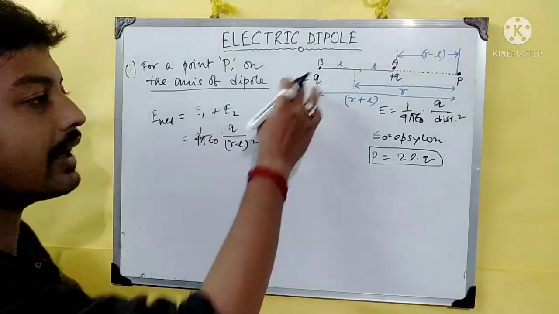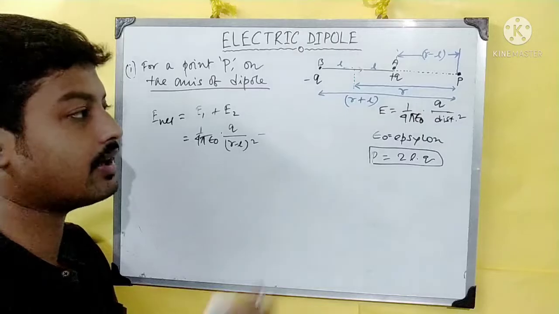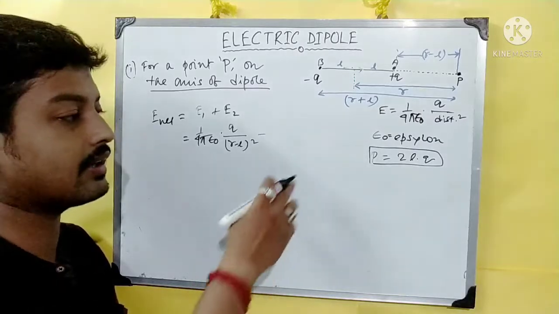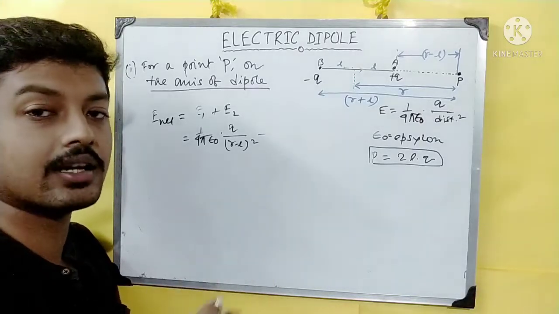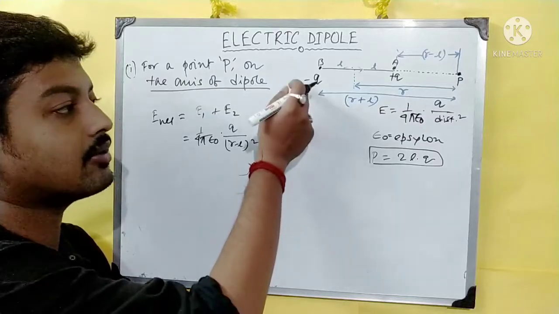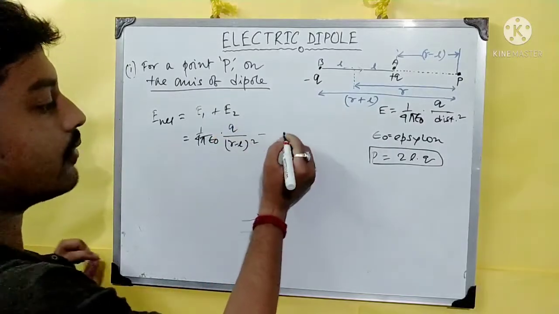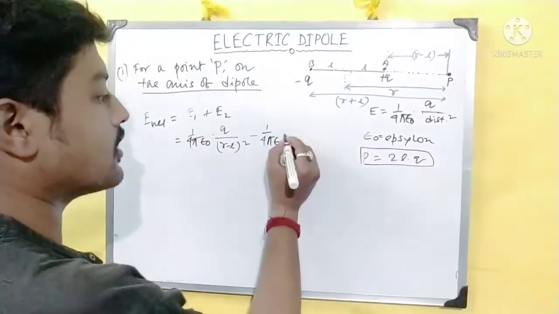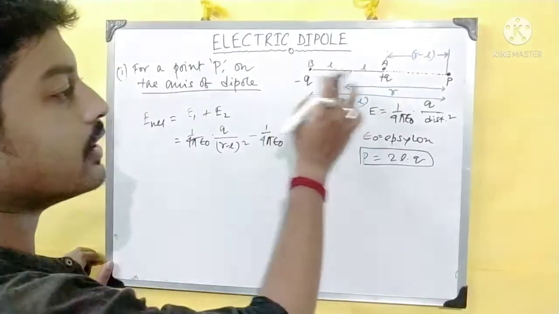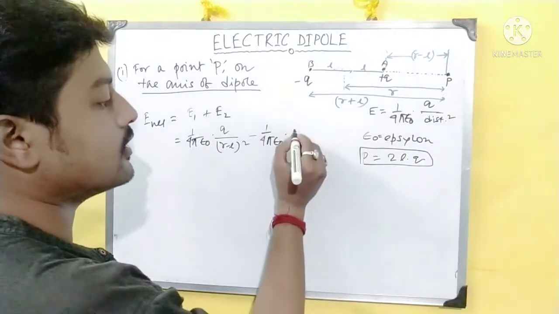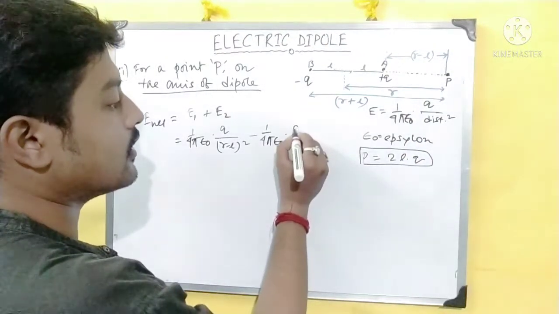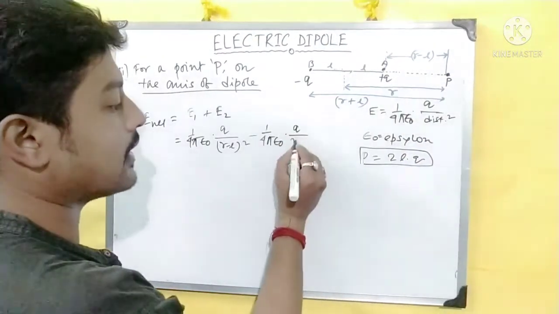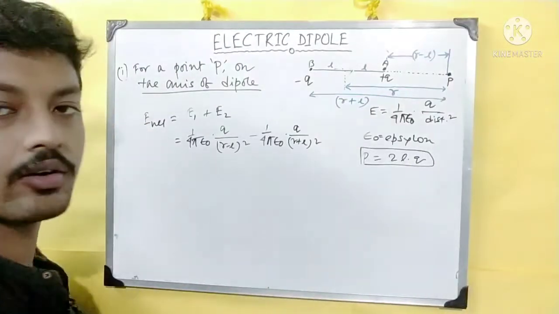এখানে প্লাস থাকলেও মাইনাস কিউ চার্জের জন্য এখানটা মাইনাস হয়ে যাবে ইলেকট্রিক ফিল্ড বা তড়িৎ ক্ষেত্রের এক্সপ্রেশনের জন্য। So E2 will be similarly 1 by 4 pi epsilon 0 into the distance between B and P. So the charge is q and the distance is r plus L whole square.